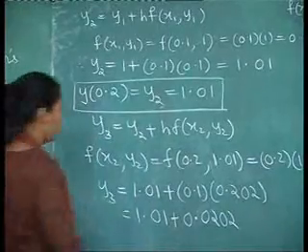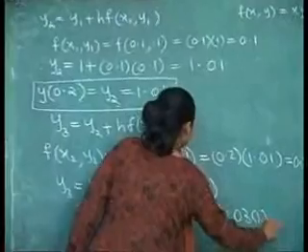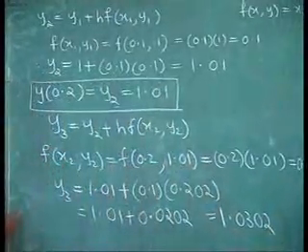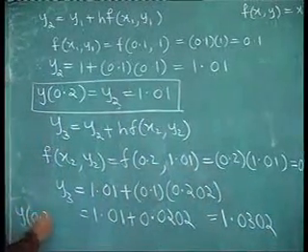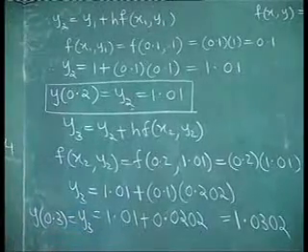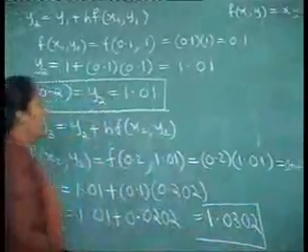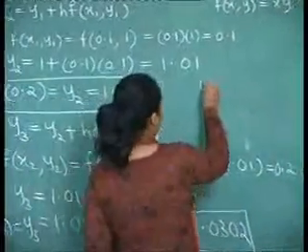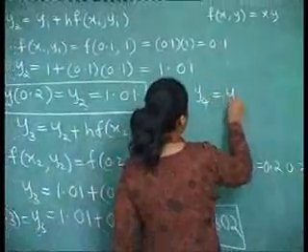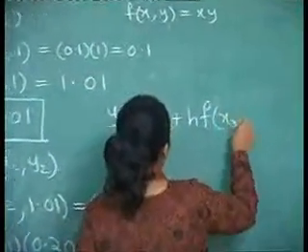So it will work out to be 1.0302. And y3 is nothing but the value of the function at x3. So this is how we get y3. y3 is 1.0302. And then finally we use the formula of y4 equal to y3 plus h times f of x3 y3.